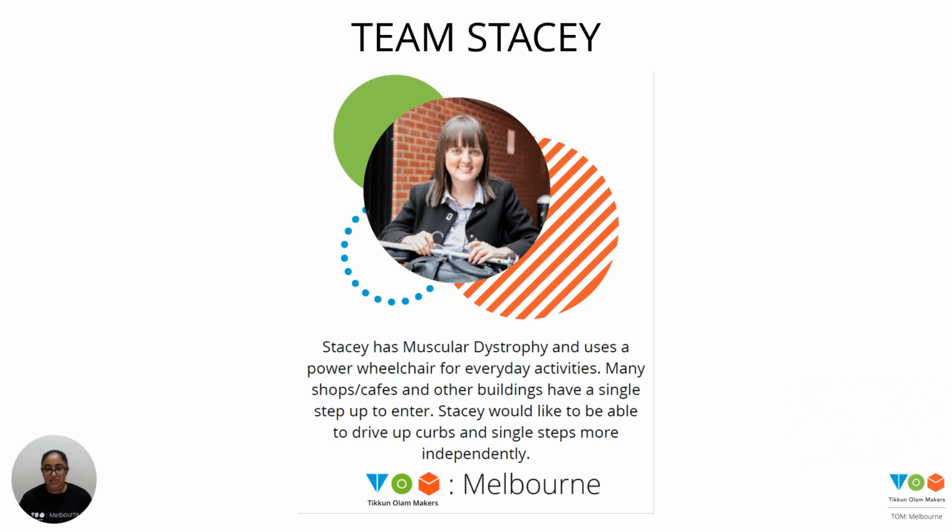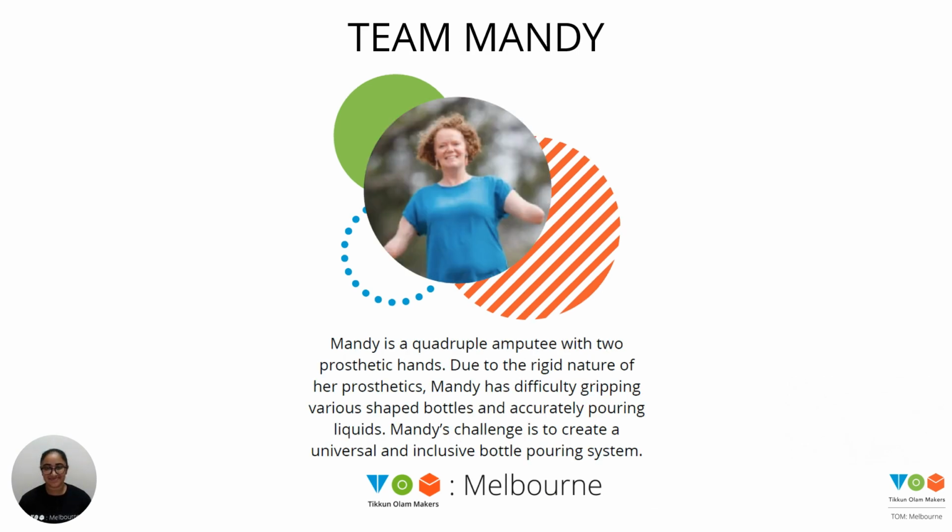For Stacey, with her wheelchair, she needs a bit of assistance to get up this one step. Stacey's challenge to you is, can you create something that'll help her go up these single steps more independently? That's Stacey's challenge to you. Really excited to see what you come up with.